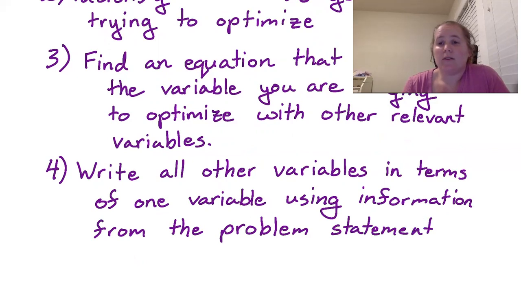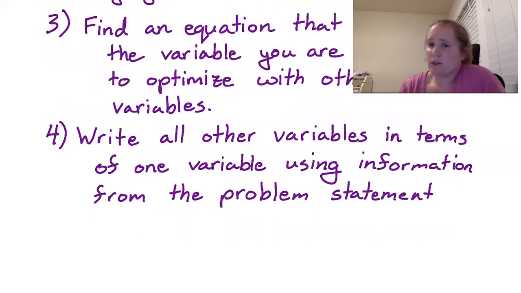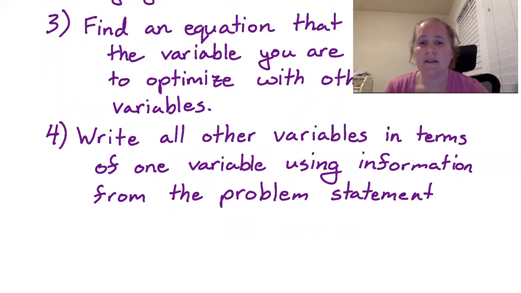At this point, you should then have a function for the variable you're trying to optimize in terms of one other variable.